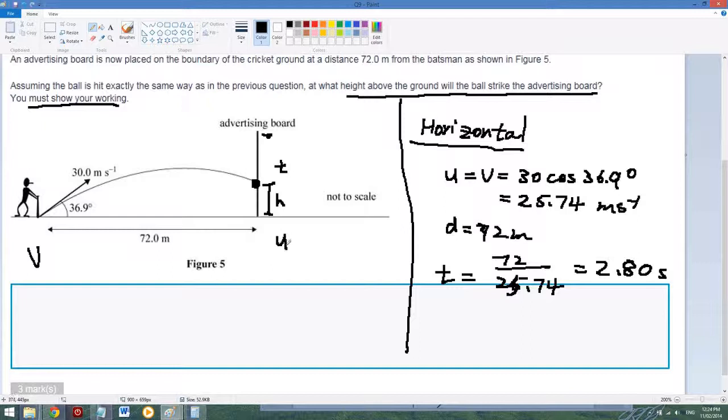Now, after we find the time, we can start analyzing the vertical component. So the vertical component, my initial speed will be 30 sine of the angle.